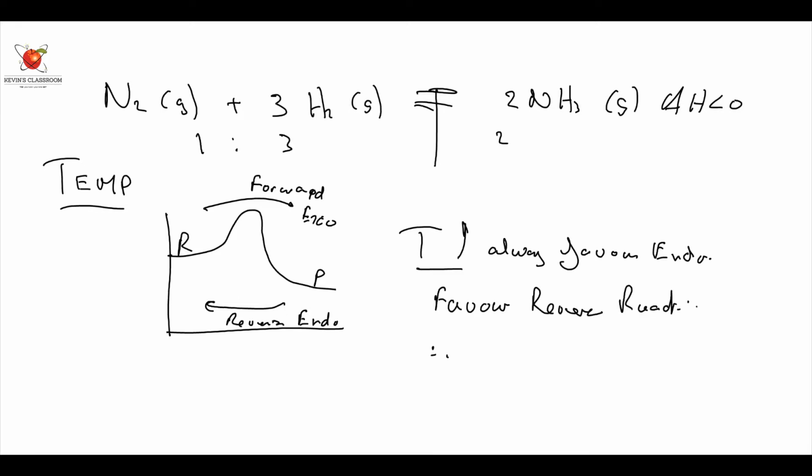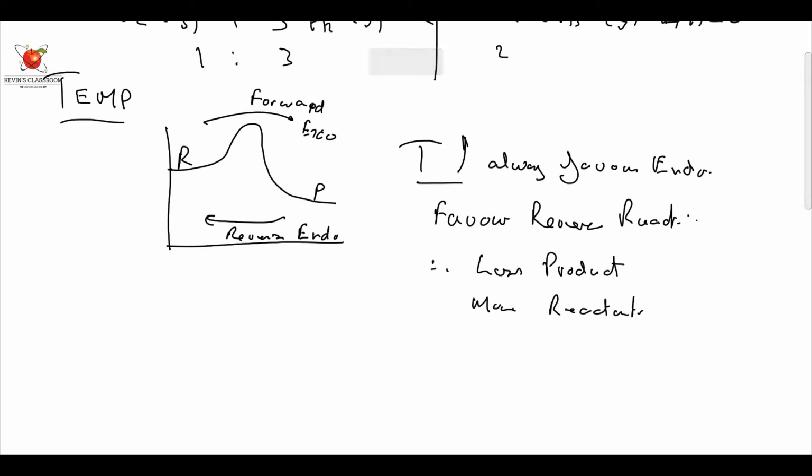Therefore, less product and more reactants. Essentially, you're going to slow your chemical reaction down until you stop it. Therefore, we can say the concentration of reactants goes up and the concentration of product goes down.